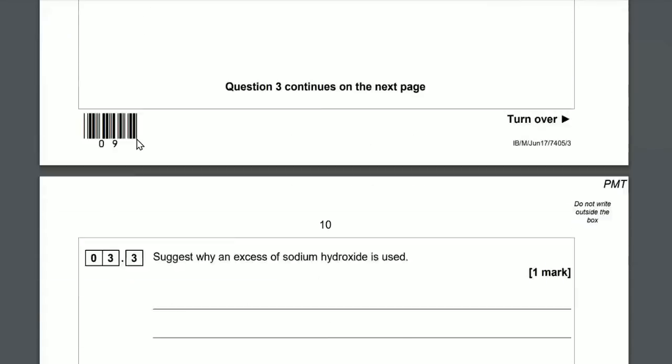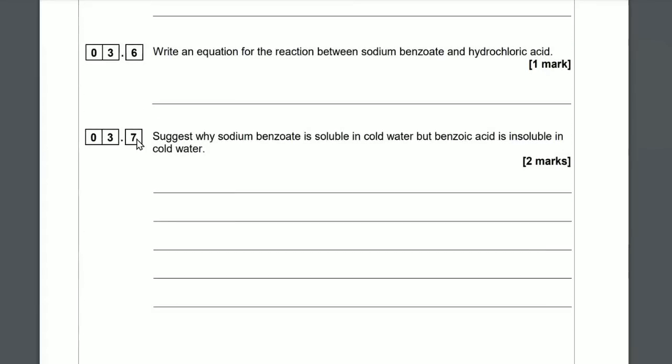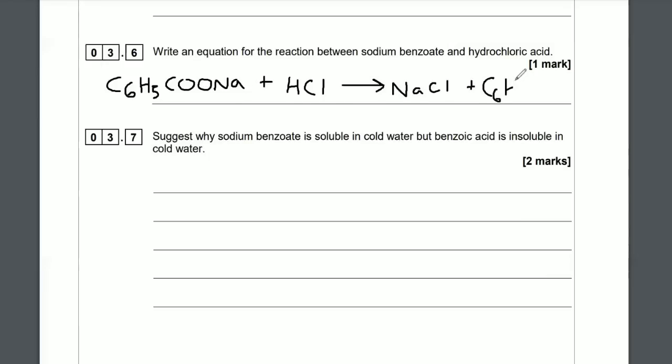So we want to do the reaction of that molecule with HCl. C6H5COONa, which has a sodium instead of the final hydrogen on the acid group that benzoic acid has, added to hydrochloric acid gives sodium chloride and benzoic acid.